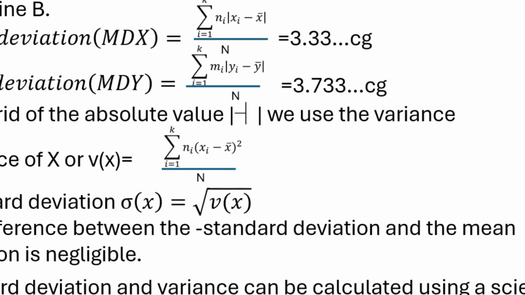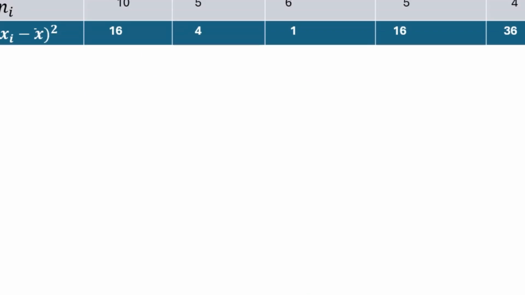We can calculate the standard deviation and the variance making use of your scientific calculator. Like this. Instead of writing xi minus x bar in absolute value, we write xi minus x bar square.